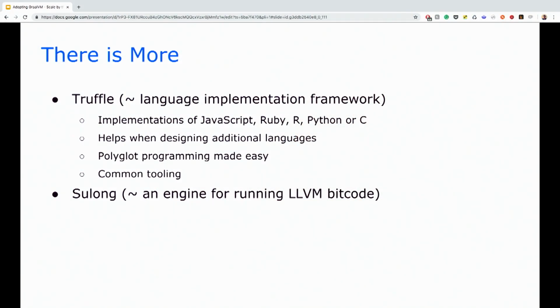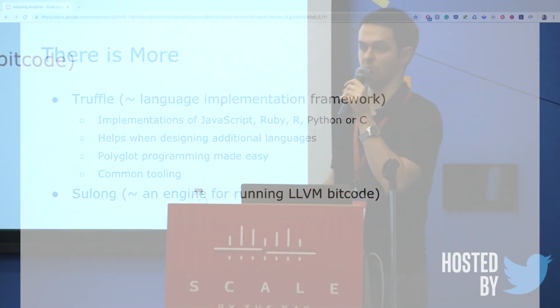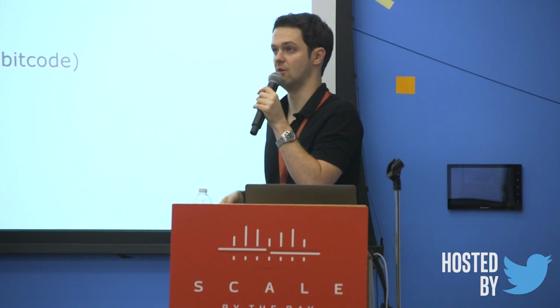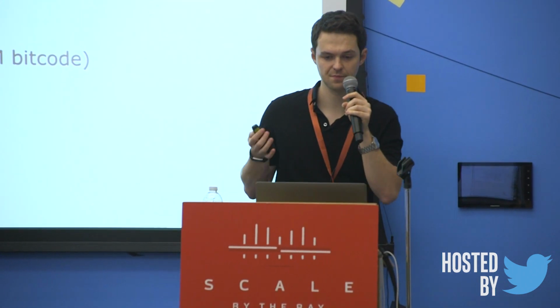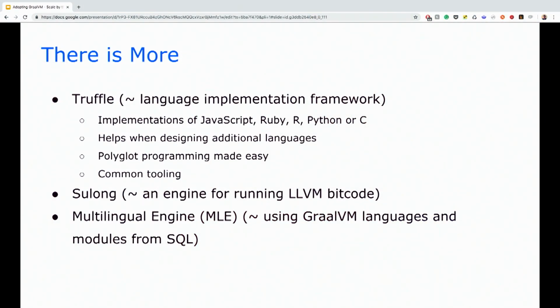Then we have Sulong, which is an LLVM bitcode interpreter. Using Sulong, you can run languages which can be transferred to LLVM bitcode, like C++, for example, and a zillion others on GraalVM. Another interesting component is MLE, which basically allows you to run GraalVM in the Oracle database.